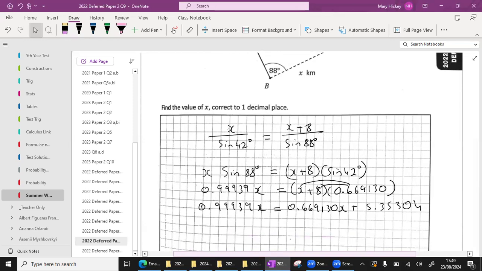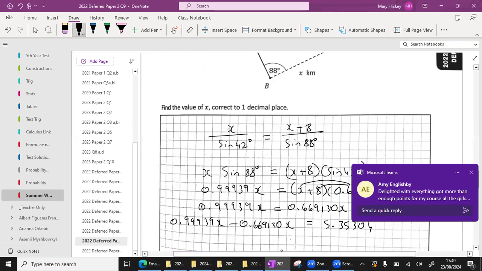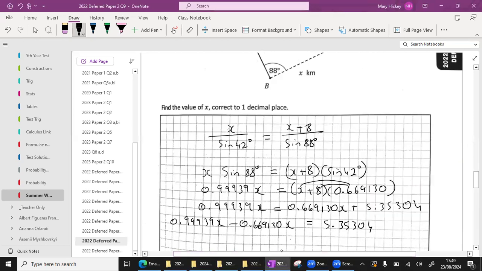Now, because I have X's on each side, just like I would do in any algebraic situation, I would bring X's to one side, numbers to the other. So that's what I'm going to do. 0.99939X minus 0.669130X equals 5.35304. Now, because they're like terms, I'm going to type in 0.99939 and I'm going to subtract 0.669130. So that's 0.33026X.